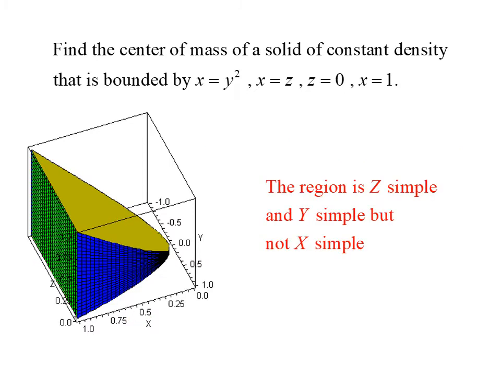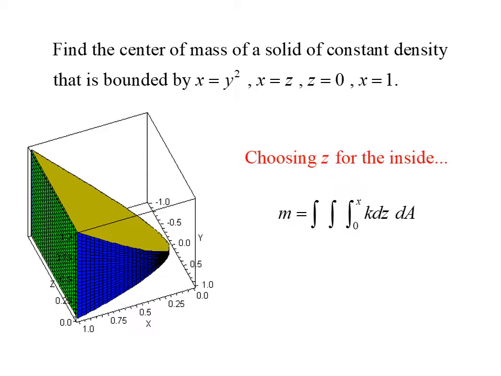So we'll just begin our integration with the z's. I was showing you earlier the bottom of this object down here is on the xy plane, and the xy plane is z equals 0. The yellowish top on here is the plane x equals z.